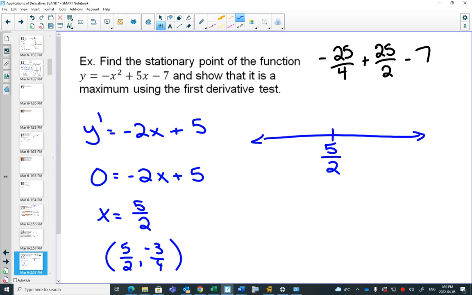Plug in 0 into our derivative, we get 5. We know this section is positive, so that tells us our graph is increasing. If you plug in something larger than 5 over 2, like 3, plug 3 into your equation, you get negative 1. This section is negative, meaning that it's decreasing.